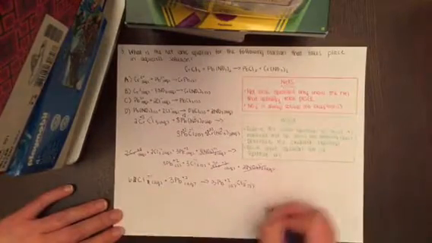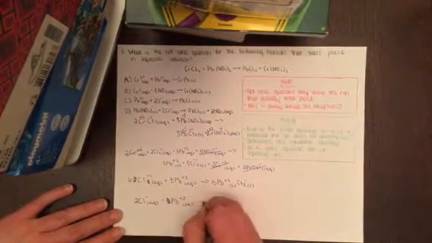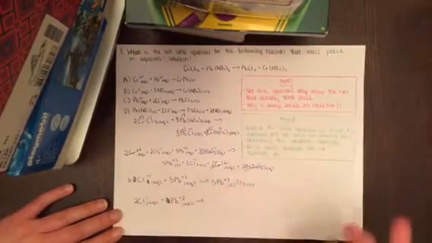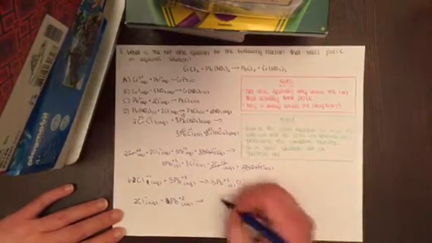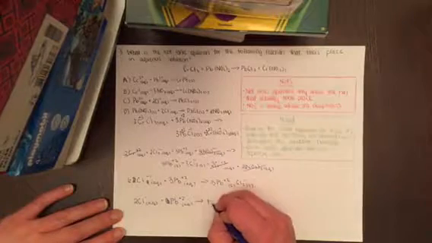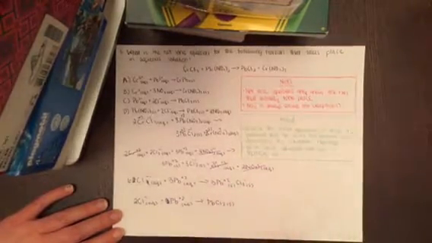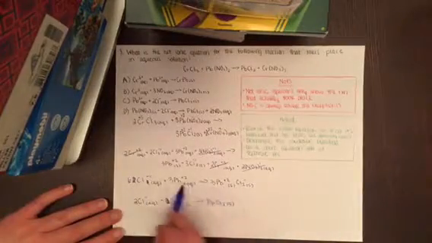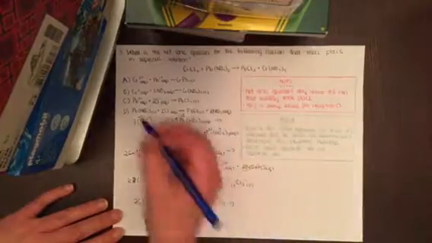And then we can simplify this, and I'm just dividing each of these by 3 to put it in its simplest form. Okay, so as you can see, this matches our answer right here, answer letter C.